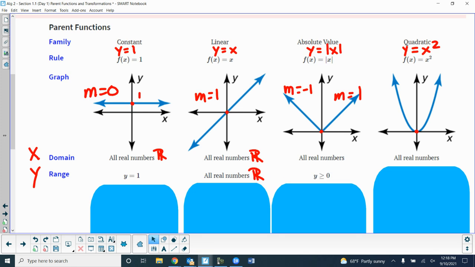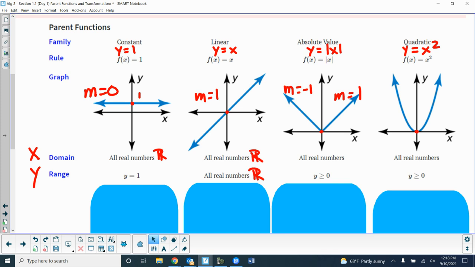What about the quadratic picture? Y is greater than or equal to 0. Same thing, right? Those two are the same. Because according to those two pictures, there's no y values that are below 0. You understand what I'm saying? There's no points on the graph that are below the x-axis. So that's why my y values are all 0 or bigger.